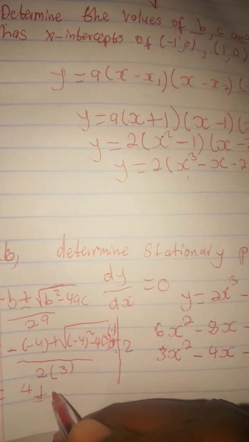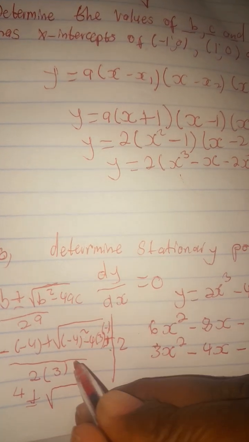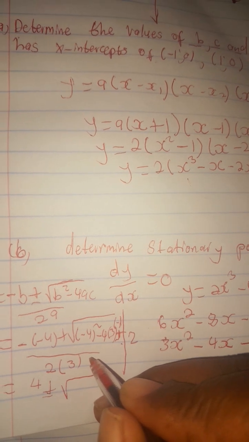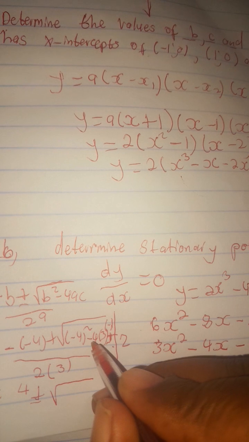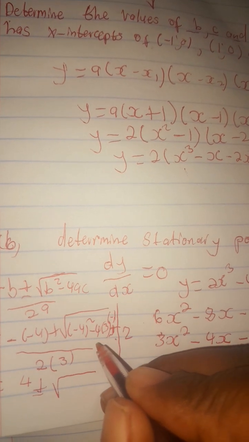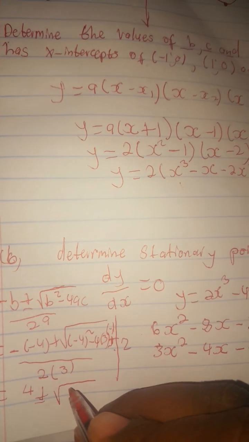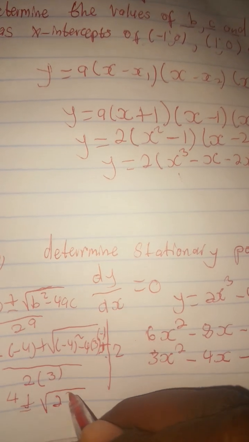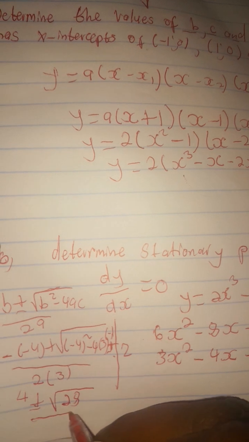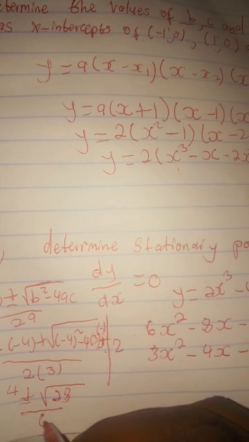So it's plus or minus root, then 4 squared will be 16, right? Then negative 4 times 3 times negative 1, that's 12. 16 plus 12 will be 28 in this case. So we are going to have 4 plus or minus root 28, then divided by 6.